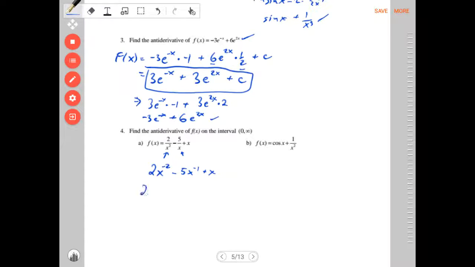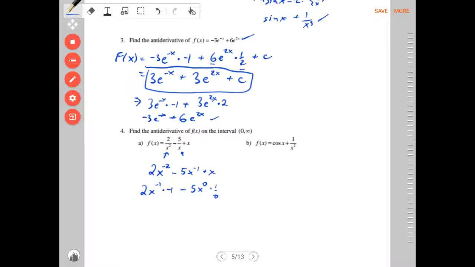So the rule is to raise the exponent by 1. So this is going to be negative 2, raise the exponent by 1, so negative 2 plus 1 is negative 1. We multiply by the reciprocal, so that's just negative 1. Minus, if I raise the exponent by 1 here, negative 1 plus 1 is 5x to the 0, and then the reciprocal of 0 is times 1 over 0.